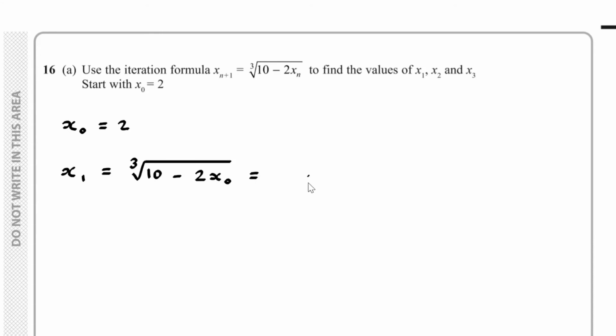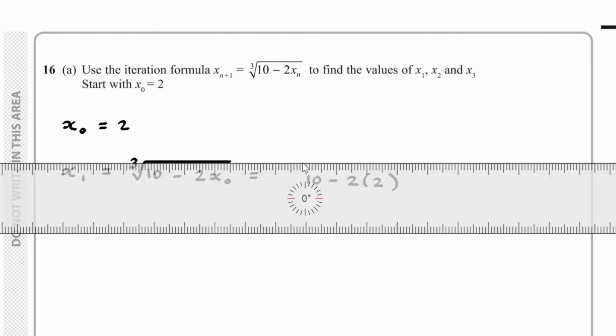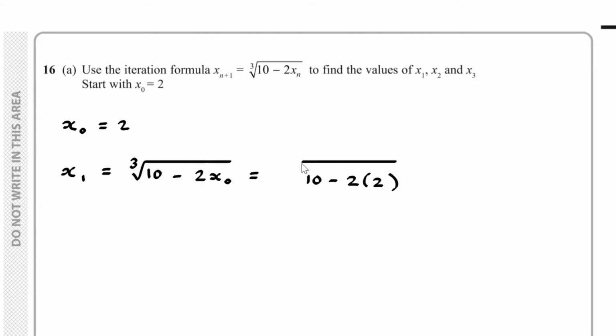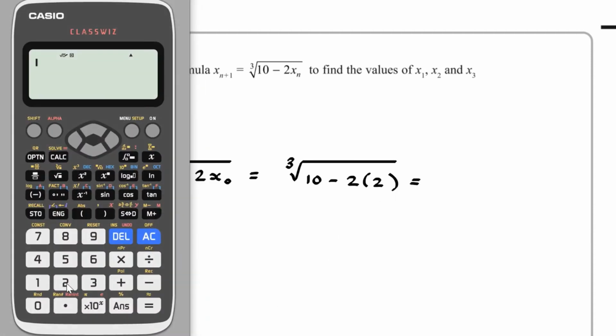So I have 10 minus 2 times 2, cube rooted. If I type in 2 and then the cube root of 10 minus 2 times the answer, our calculator stores in the previous value.